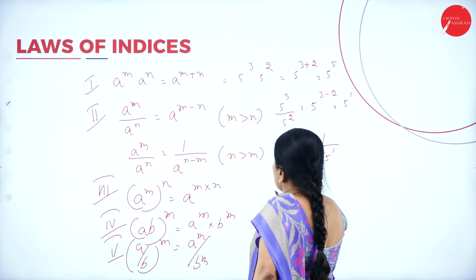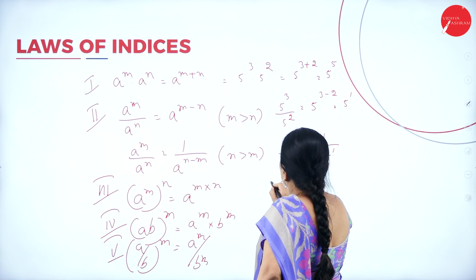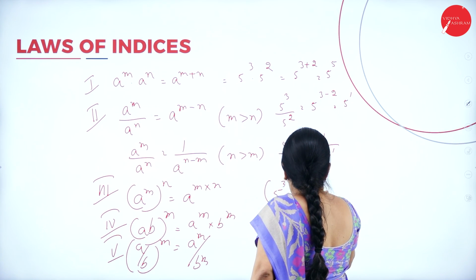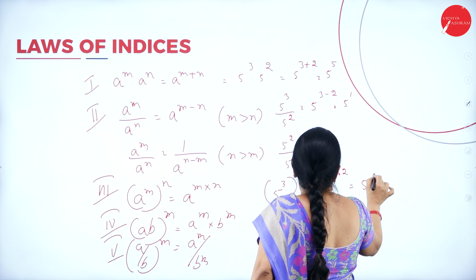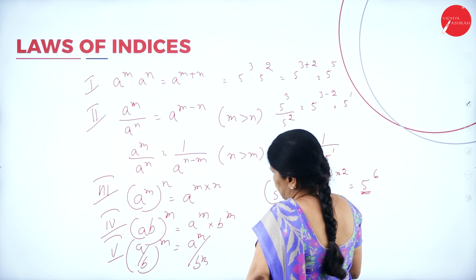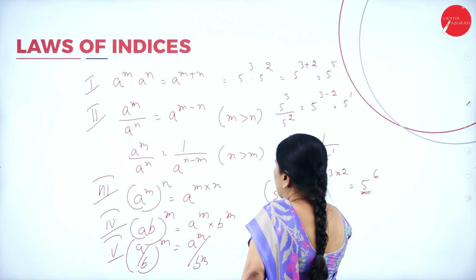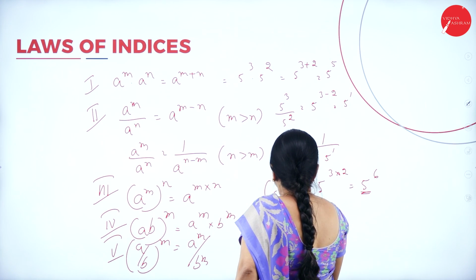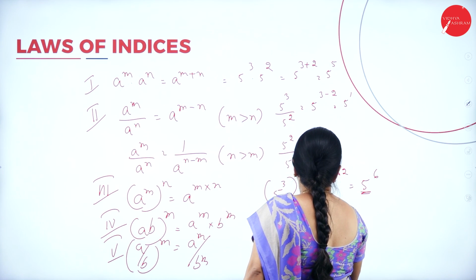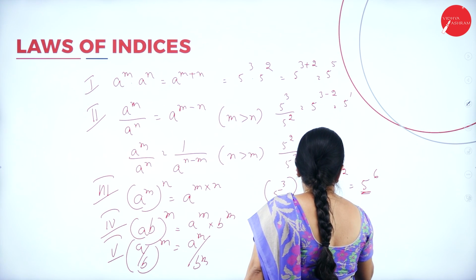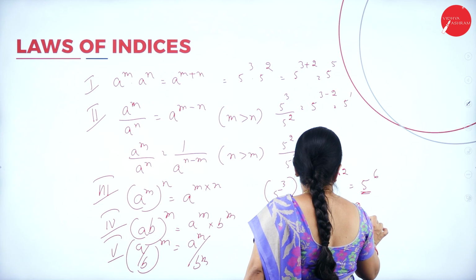Now, if I write here (5 to the power of 3) whole to the power of 2, it will be 5 to the power of 3 into 2, 5 to the power of 6. Now, suppose I write (5 into 4) whole to the power of 2. This will be equal to 5 to the power of 2 into 4 to the power of 2.